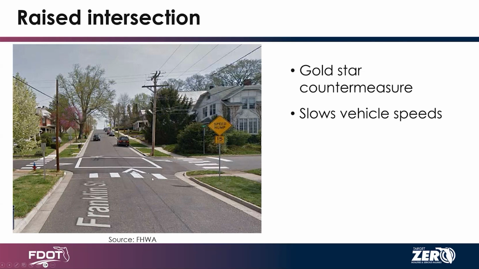This condition may not be seen on the state road. It may be pretty rare to see a roadway like this on the state highway system, but raised intersections can be applied on the state highway system, and are a good potential countermeasure.